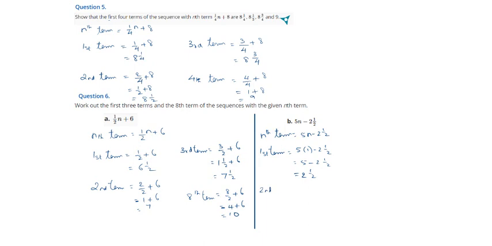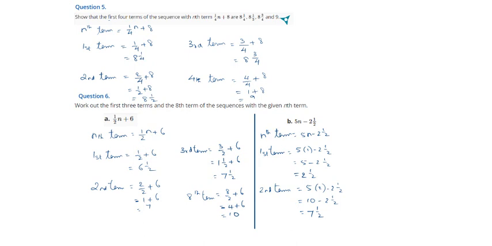Second term is equal to 5 into 2 minus 2 1 by 2. So this is equal to 10 minus 2 1 by 2. When 2 and half is subtracted from 10, we will get 7 1 by 2.